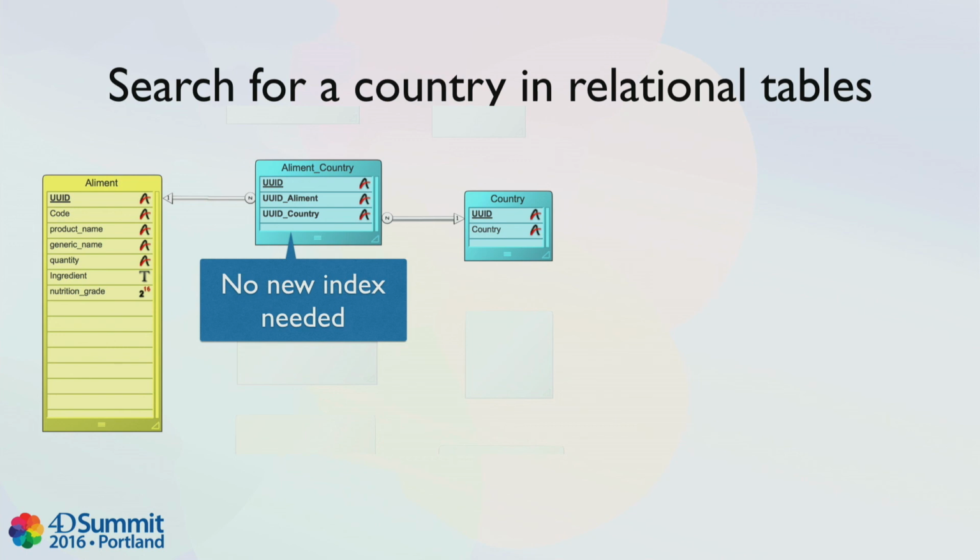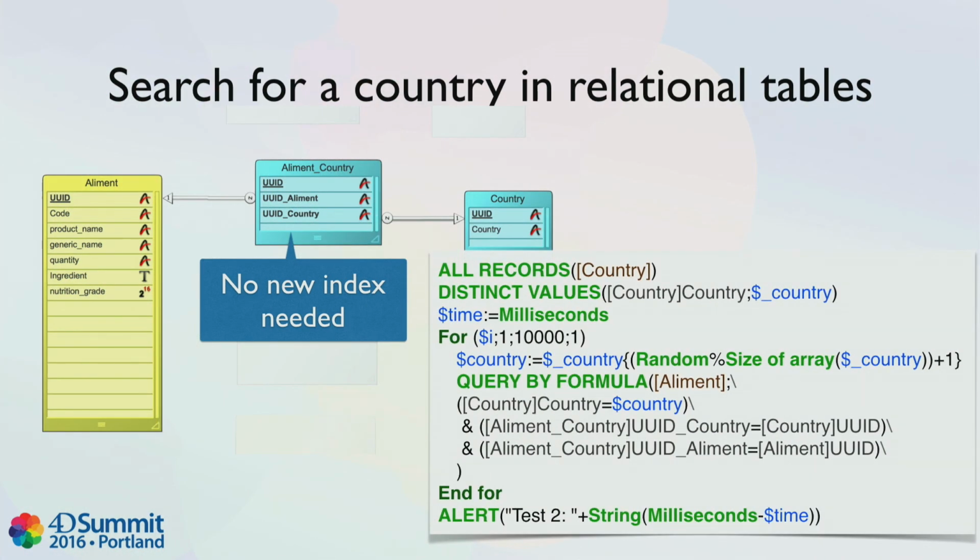So the request is here, with a query by formula, performing the 2 links, and the time to search is double, 6 seconds. Okay.